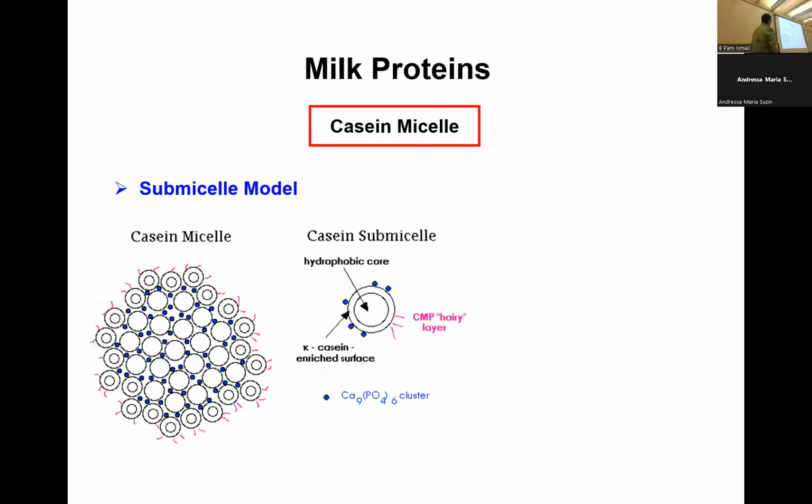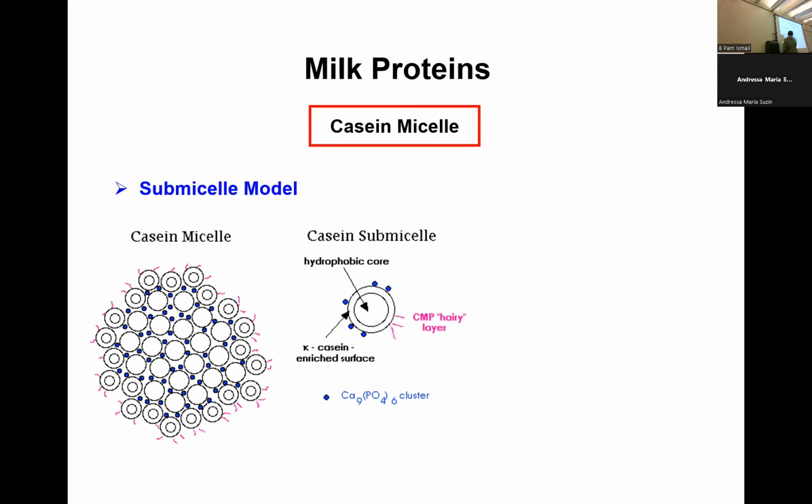Okay, so the submicelle model, which dominated for a long period of time, is that we have submicelles. Each of these circles is a smaller micelle, where the core is hydrophobic, alpha S1, alpha S2, and beta, and the kappa is around that subunit.